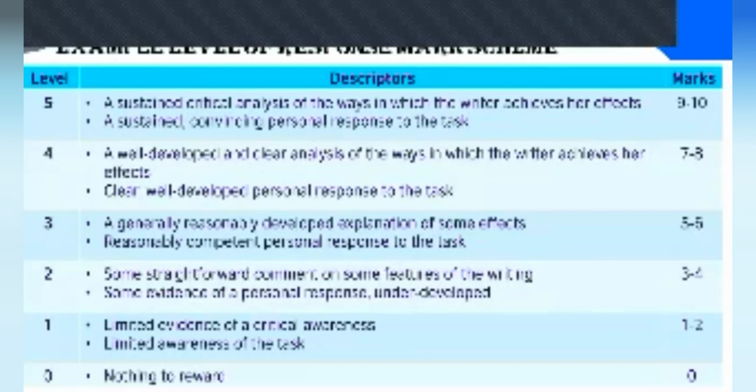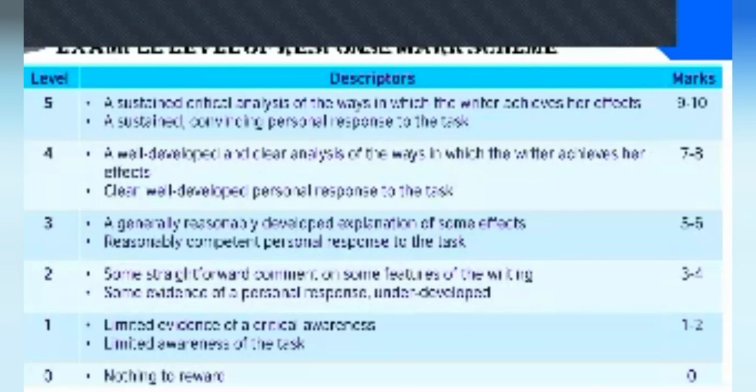Level 5, mark scheme 9 to 10. Descriptor for this kind of question: a sustained critical analysis of the ways in which the writer achieves the effects, or a sustained convincing personal response to the task. So we are expecting too much from the child, too many points over here. So the mark scheme will be 9 to 10.